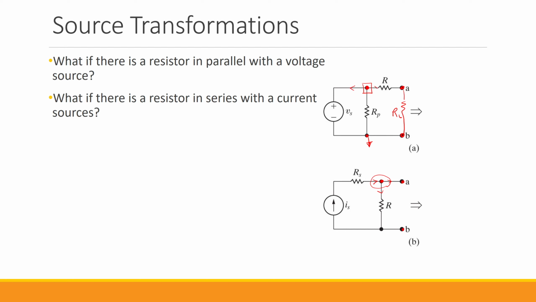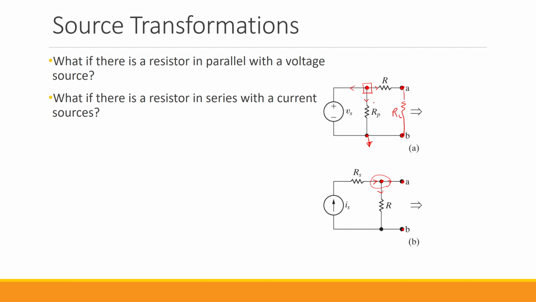You have a current that goes through this resistor, and then you have a current that goes through this RP. So depending on you having RP in the circuit or not, the value for these two currents would change. For this one, it doesn't change, but for these two it would change, right?